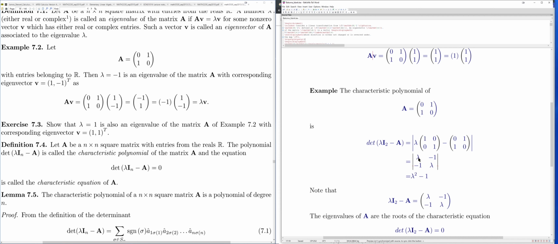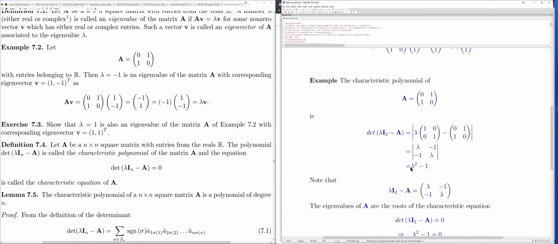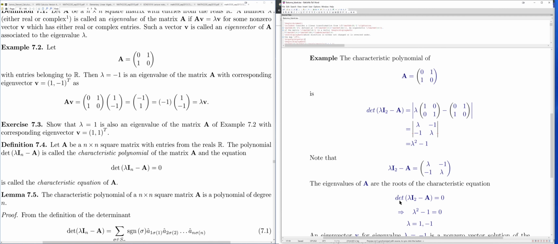This is a 2 by 2, so you multiply lambda times lambda, and then subtract minus 1 times minus 1. So you get lambda squared minus 1. This is your characteristic polynomial, and this is what you use to get the eigenvalues of your matrix A. You take the characteristic polynomial and set it equal to 0.